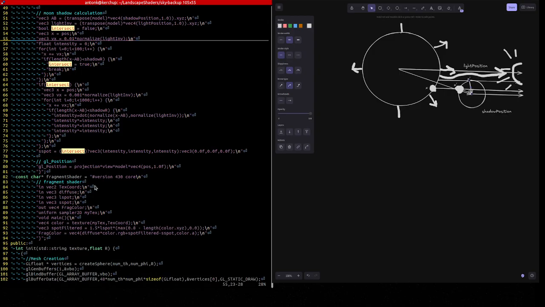And then in the fragment shader, essentially we pass these three components, diffuse, L spot, and S spot, to the fragment shader, and basically we add these components to the color. So the color is the texture that we got for the Earth and the Moon, and we add on top of that our specular and shadow contributions. Okay, well, that's it.